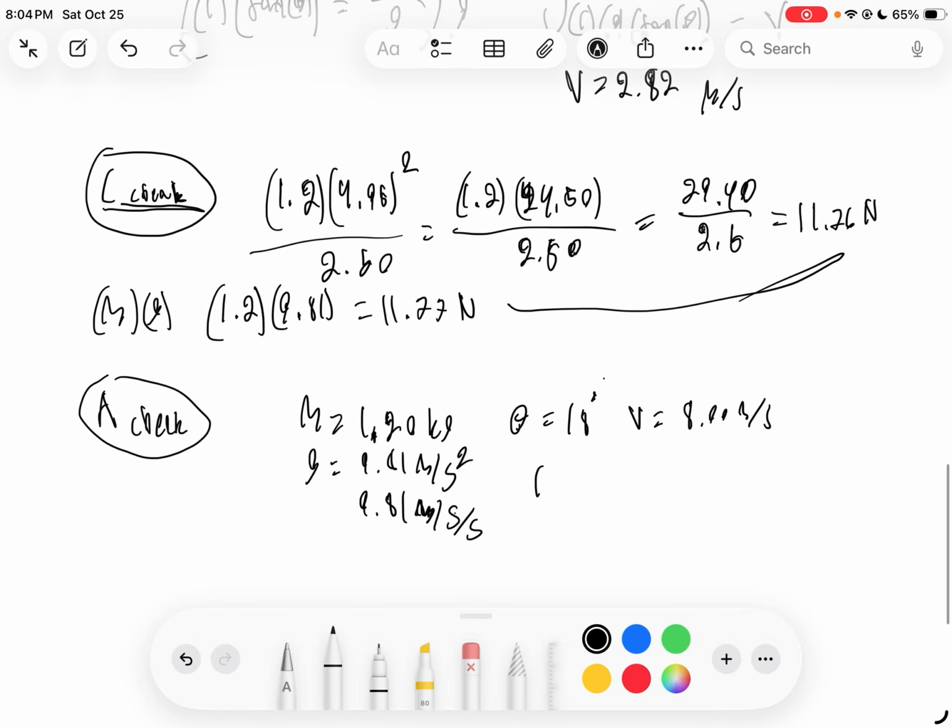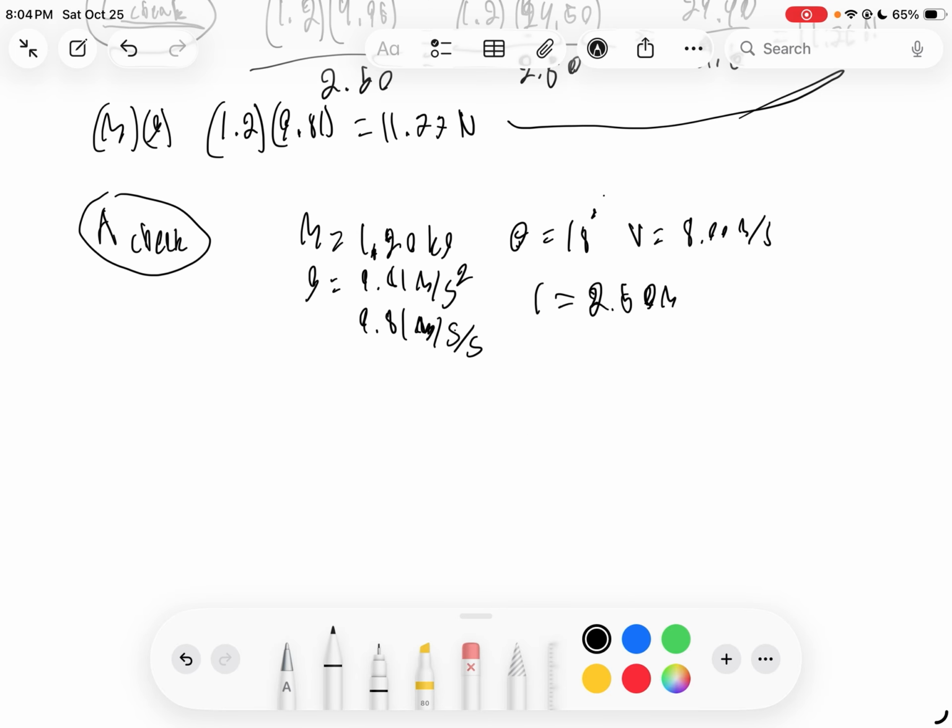The radius which the plane is traveling in is 2.5 meters. For part A, we had to use the tension equation, which was the mass times the velocity squared, divided by the radius. Probably the quickest way to verify this is just checking whether the units properly correlate with newtons, which is the target.